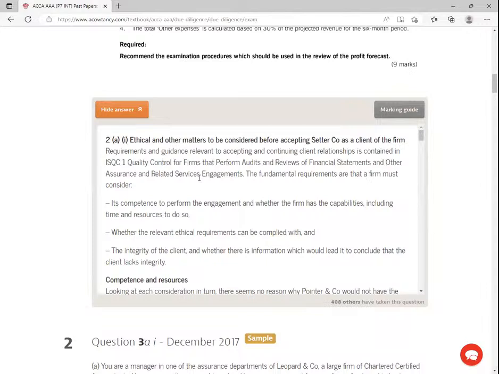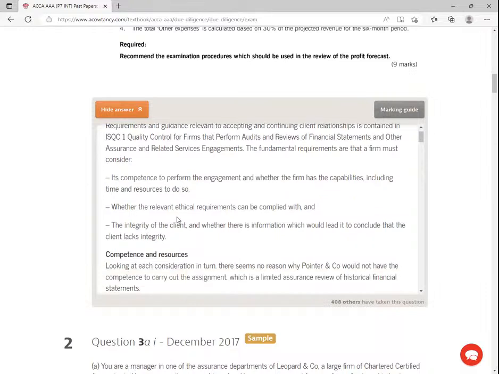The fundamental requirements are that a firm must consider: are we competent to perform the engagement, and does the firm have the capabilities, including time and resources, to do so; whether the relevant ethical requirements can be complied with; and number 3, the integrity of the client, and whether there is information which would lead to conclude that the client lacks integrity.